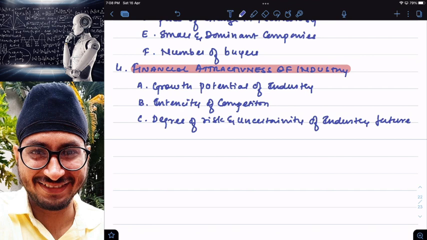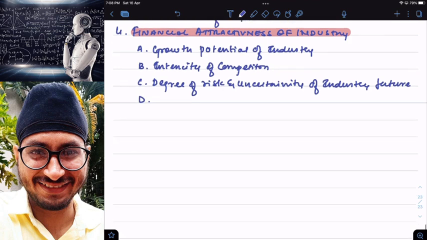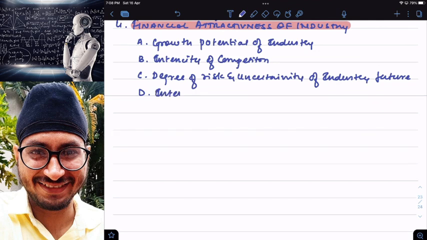If you feel this industry's business is uncertain, don't enter that industry. If you feel the industry's business is certain, then only enter that industry. That you have to decide. Then intensity of problems, one more factor. Intensity of problems in the industry.